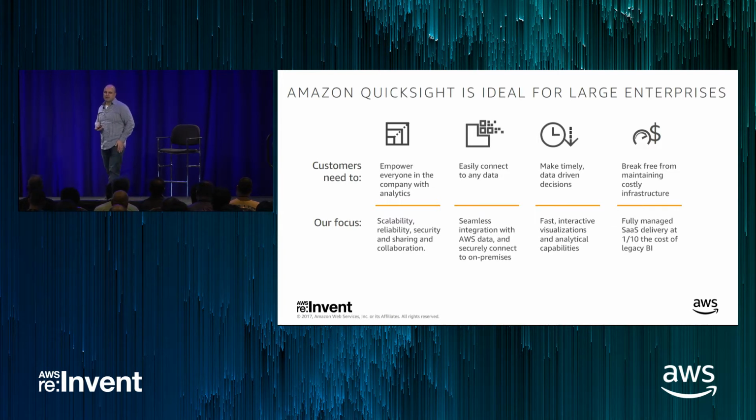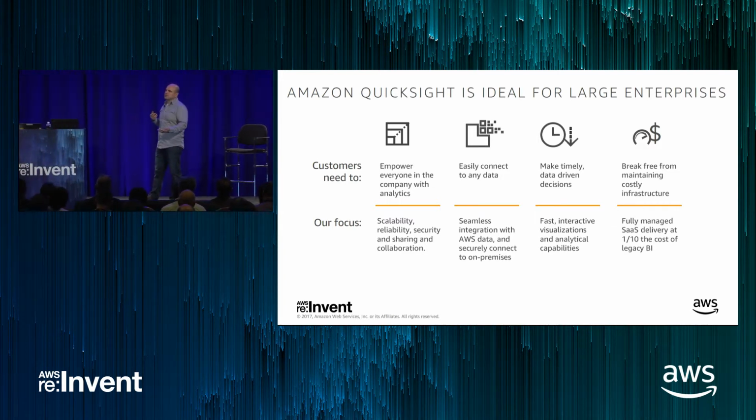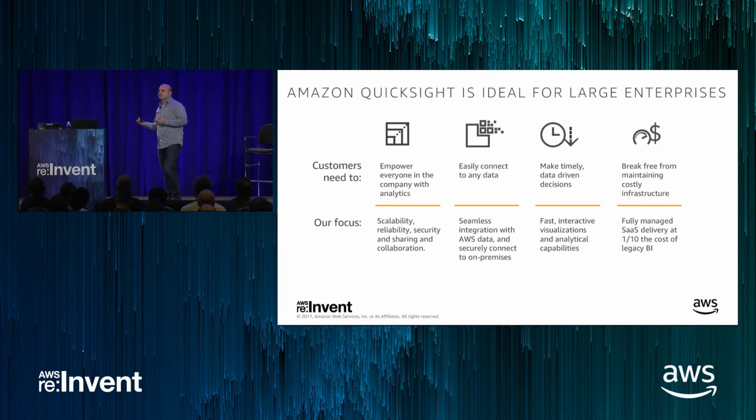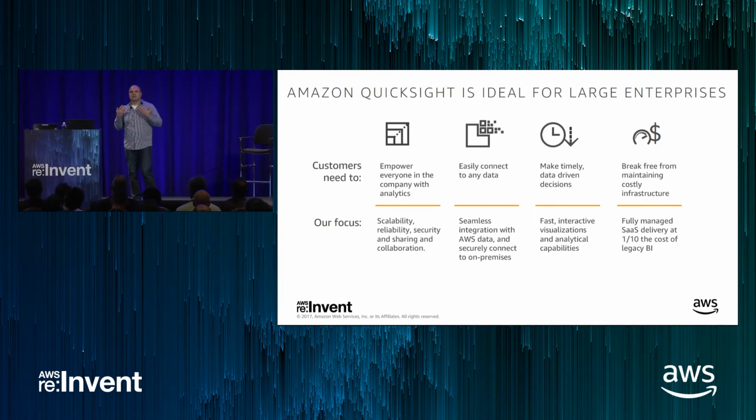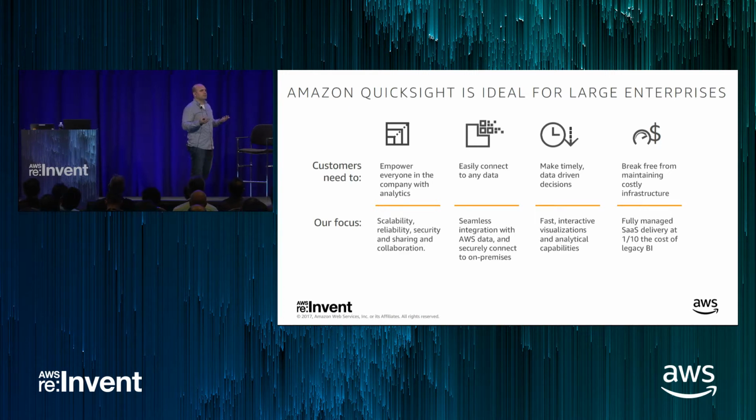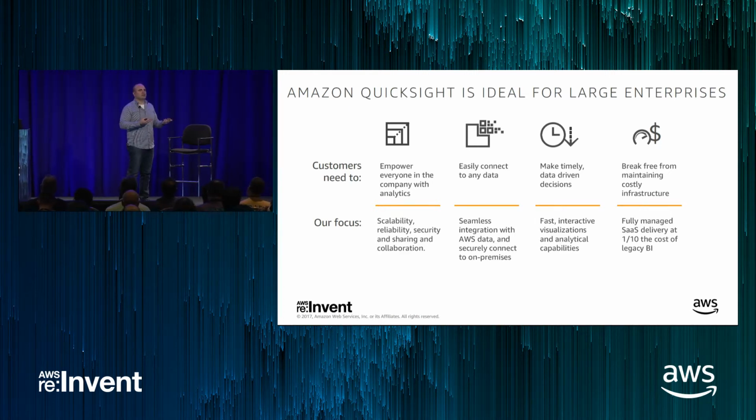So we want to reduce this time to insight, making all of our data analysis available super quickly for the end users. And then from an infrastructure, pricing and cost perspective, when we launched QuickSight, we really wanted to think about whether we could make the economics work for enabling mass consumption of analytics. So it's everything from having the serverless architecture to having low-cost price points to test out QuickSight, with no commitments to long-term software contracts.